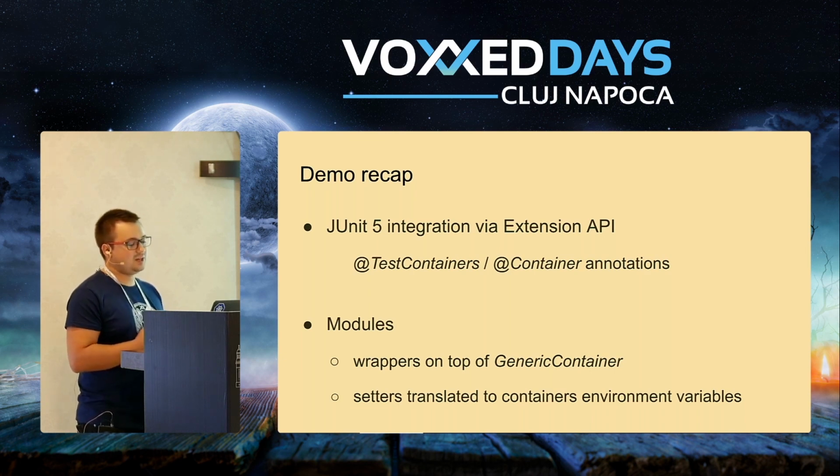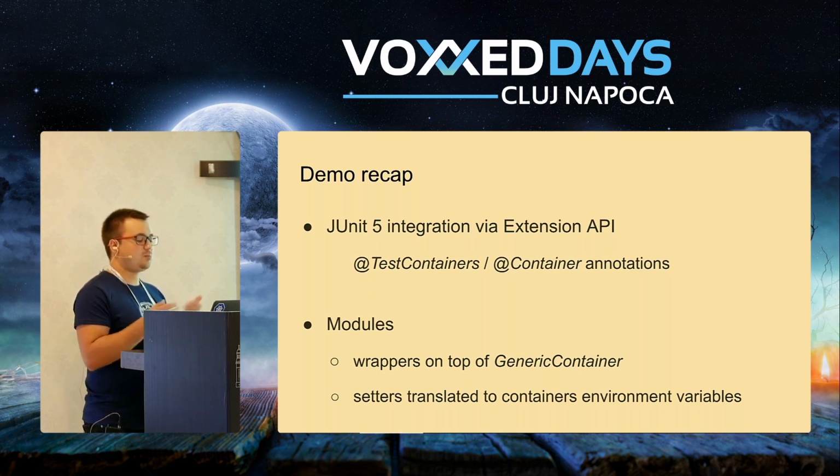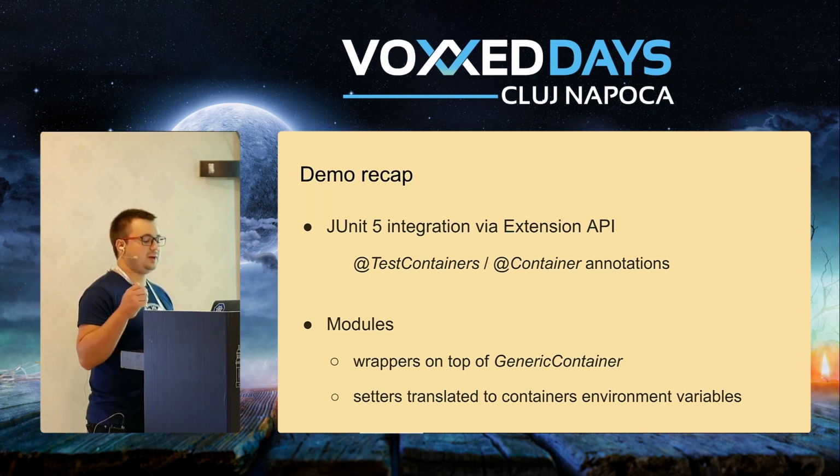Basically, they provide you some APIs, some setters to set properties, and then those properties are transformed into environment variables inside your containers. So, for example, if you want to set the Postgres username, you can set that by using the API and not by providing the environment variable.